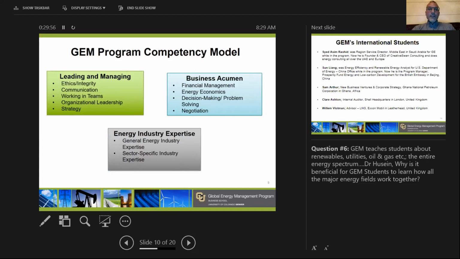As I always tell my students when I teach, there is no one single solution to our energy need and energy demand. There is no silver bullet. All different types of energy have to work together in order to produce the amount of energy that we're looking to utilize currently and in the future.